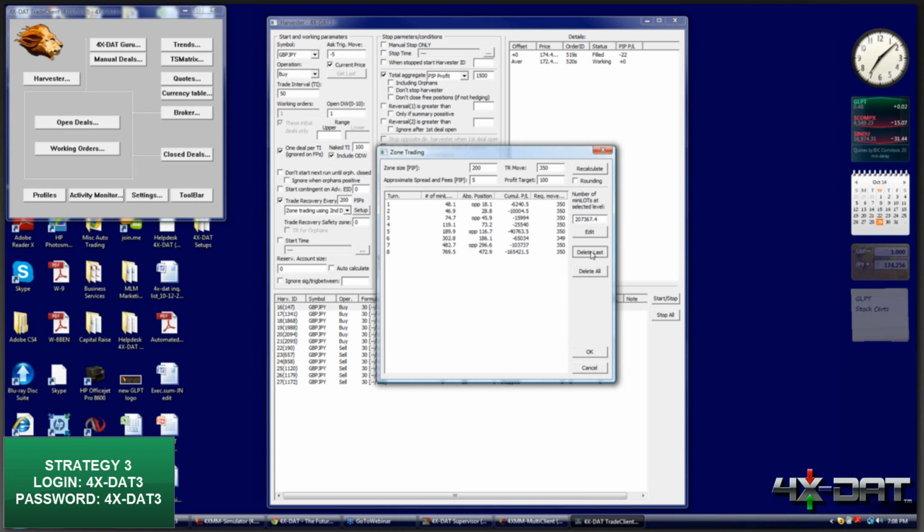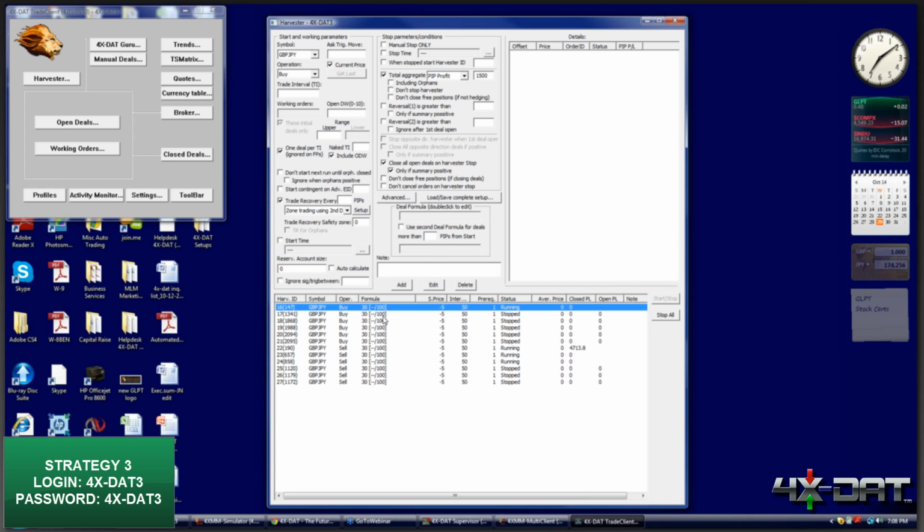We can calculate the martingale when determining the zone recovery, but we'll just leave it at 2 legs. So each one of these harvesters has a zone recovery that will recover the trade that is being generated or created by its algorithm. But besides that one trade, there's 11 other trades that can be run at the same time.